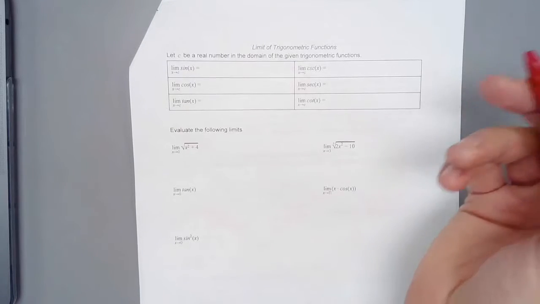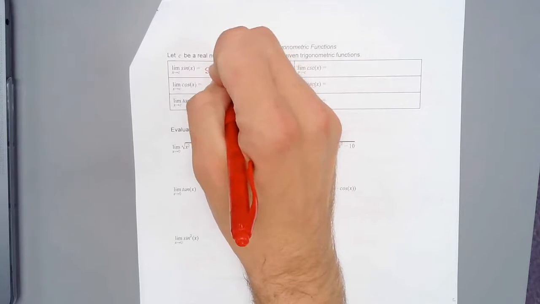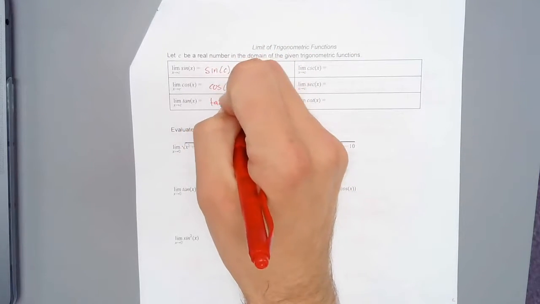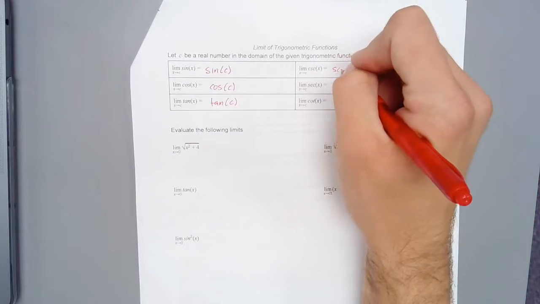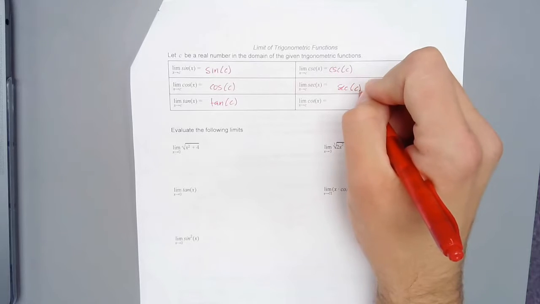Real quick, trigonometry. Again, direct substitution is the key. What's the limit of sine x as x approaches c? Sine c. Cosine c. Tangent c. Cosecant c. Secant c.